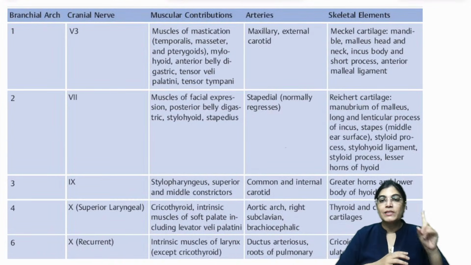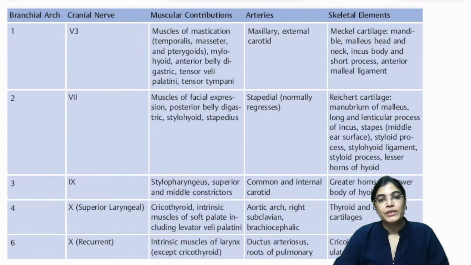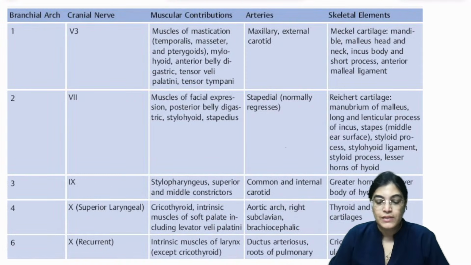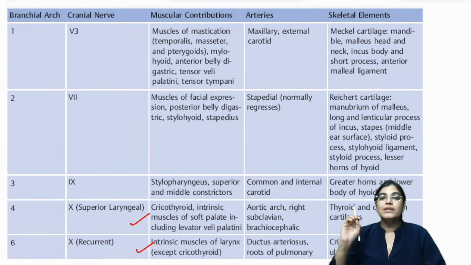The third pharyngeal arch muscle is just one: stylopharyngeus. For the fourth arch, the muscle is the cricothyroid muscle. The intrinsic muscles of the larynx, except cricothyroid, are muscles of the sixth arch. So please go through this table and learn by heart all the structures derived from the components of the pharyngeal apparatus.